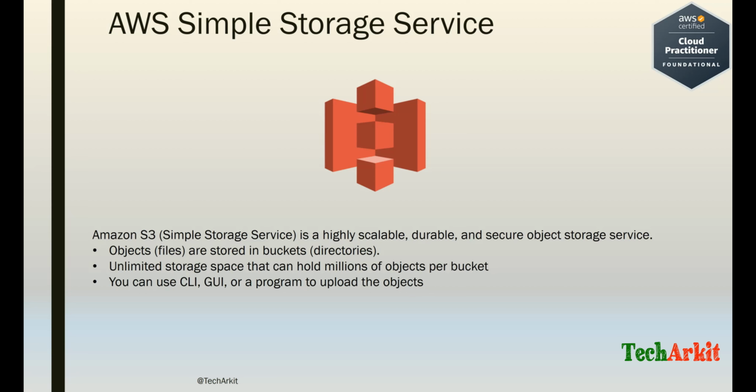You can use the CLI, a GUI, or a program to upload objects. With the AWS CLI, you can access the S3 buckets and store, retrieve, and delete objects. You can also use the graphical user interface.